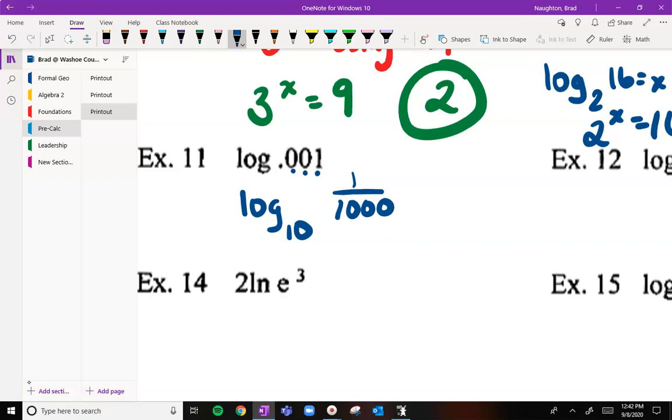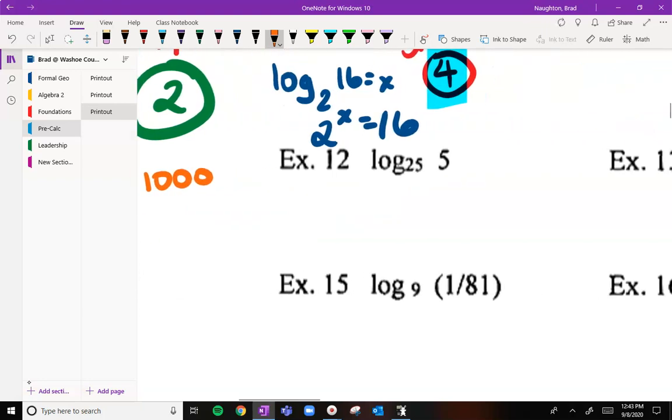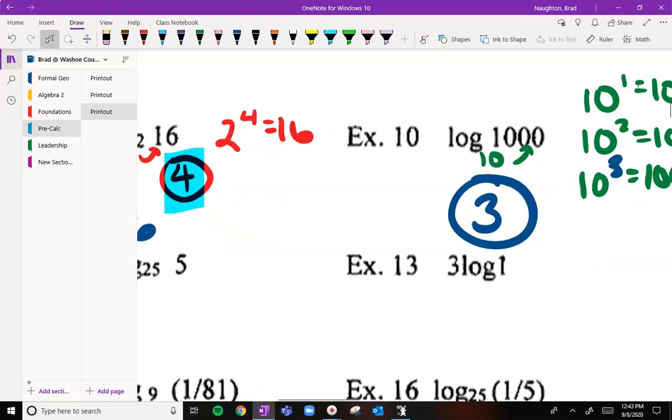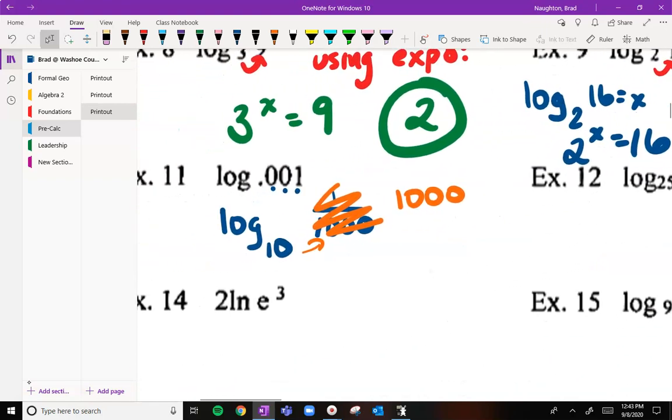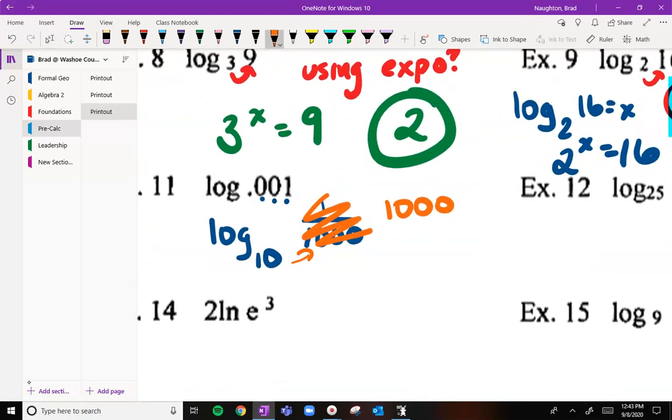So since we are in the 1,000th decimal place, how do we make these work? Another way of thinking this is, how do I make them look very similar? Because right now, I'm not sure how to get to 10,000. Well, what if it was, just for a moment, just 1,000? Well, as we just mentioned in the previous example, that's 3. But it's 1 over 1,000.